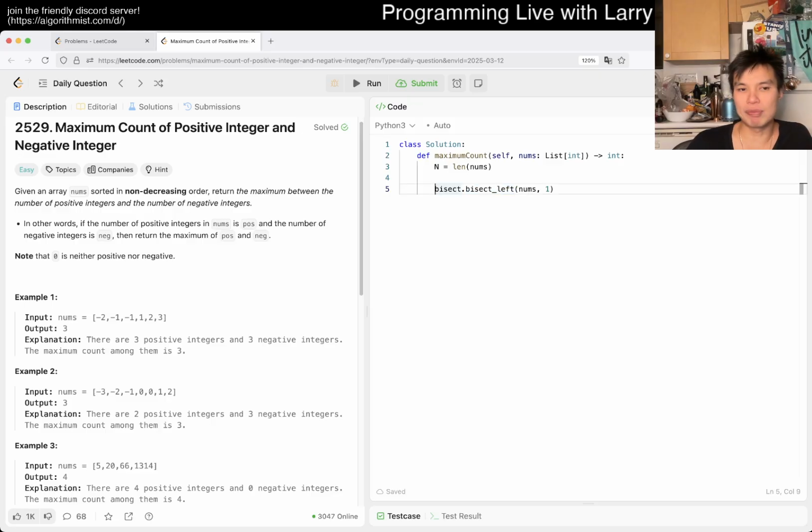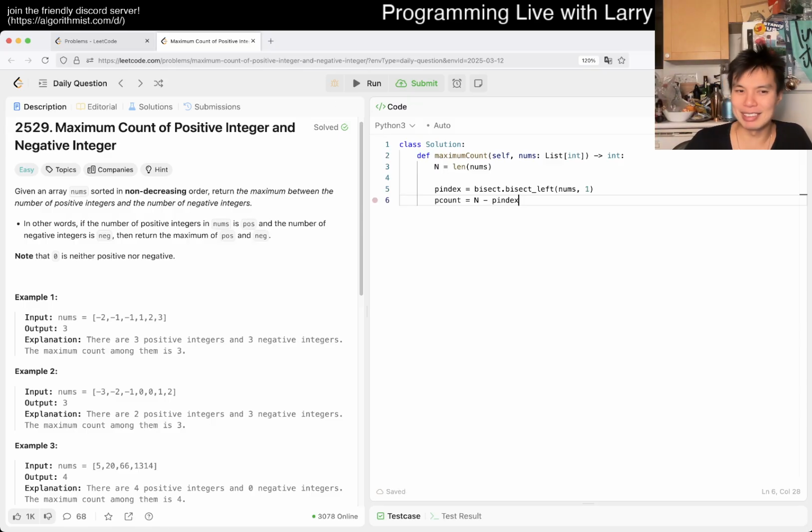Here with bisect left, we want the first index of a positive number, so maybe p index for that. And then the number of positive numbers is going to be equal to n minus p index, or p index plus 1.